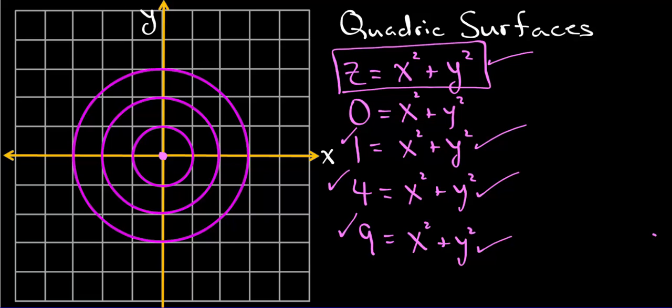So if you look at this surface, these are all representative of the intersection. This plane z equals 9 intersects this surface with this curve right there.